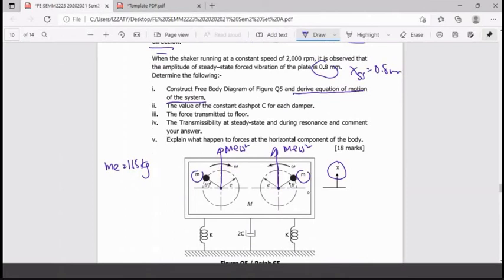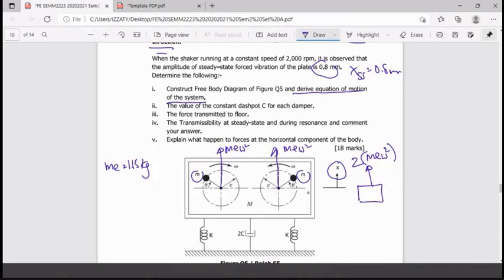The construction of the free body diagram will be how? You can put this one upward or downward, it doesn't matter. And this one will be your M E omega squared, but do not forget you have 2 here, so put 2. What else do you have?